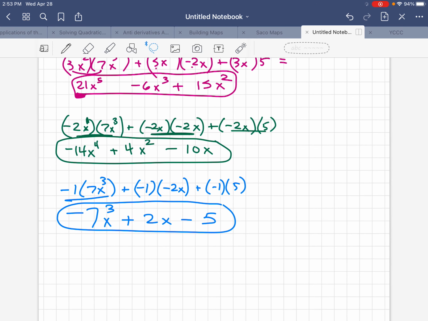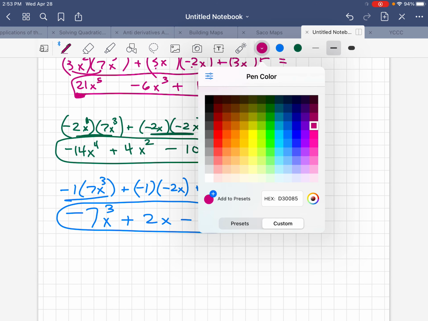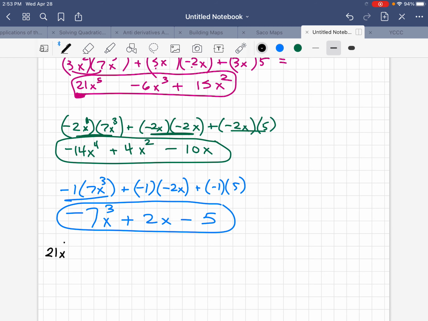Okay. So I'm going to have to write these a little bit smaller. 21x to the 5th minus 6x to the third plus 15x squared minus 14x to the 4th plus 4x squared minus 10x minus 7x to the third plus 2x minus 5.